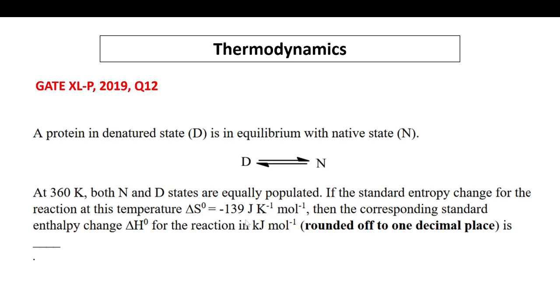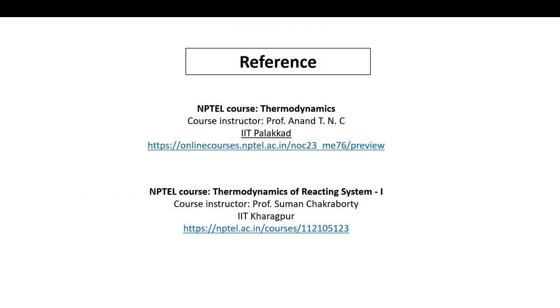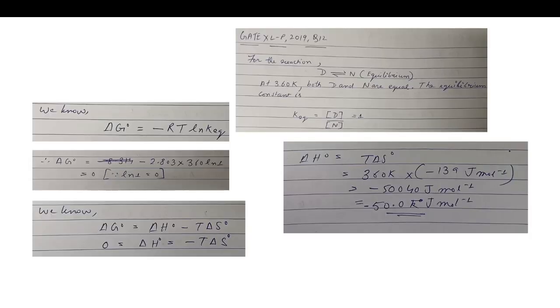You should be very careful about these things because sometimes they cost you marks: you have already solved the question but have not read it carefully, and so you lose some marks. To avoid these silly mistakes you should read the question carefully. So the answer to this question will be minus 50 kilojoule per mole.